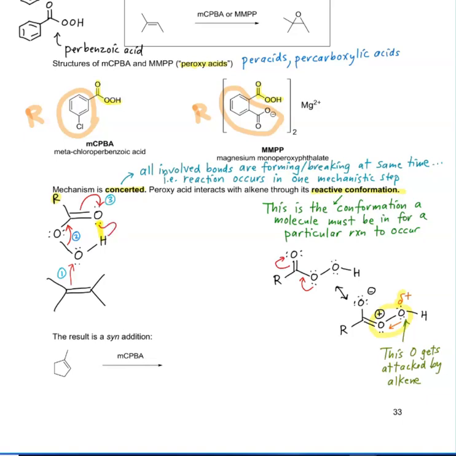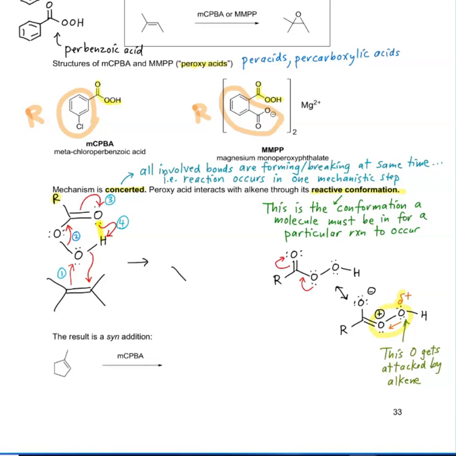The carbonyl oxygen now formally bonds to this proton. So the hydrogen bond becomes a covalent bond, which means that the electrons that connect that hydrogen to the oxygen that was attacked first are now free to attack back at the alkene, one of the alkene carbons.